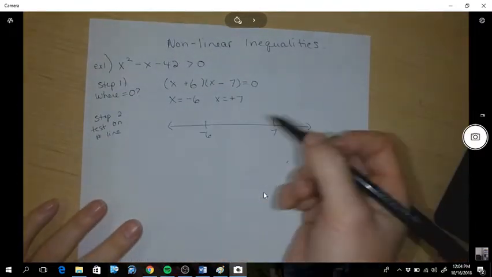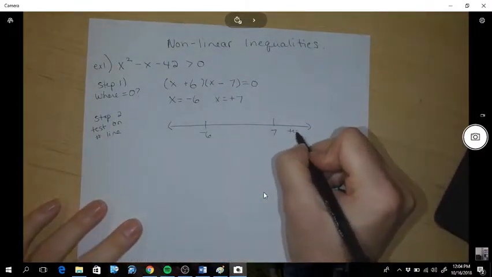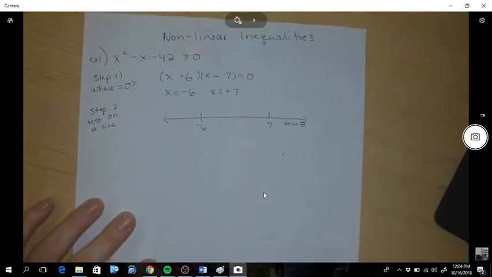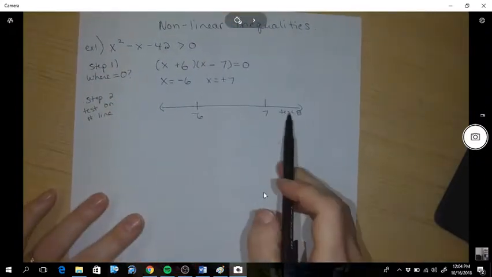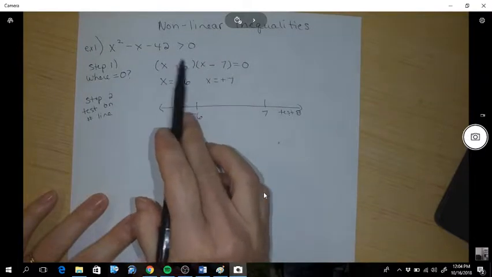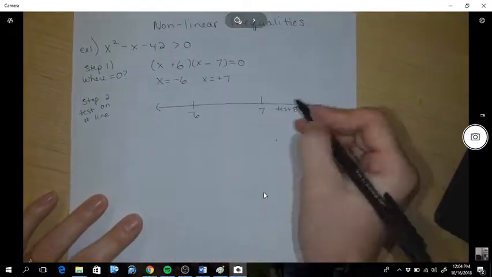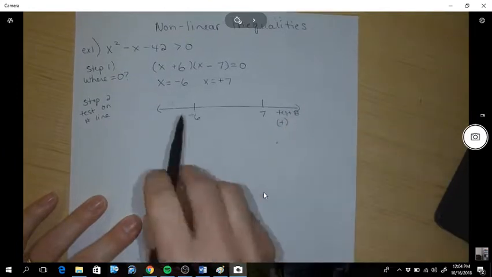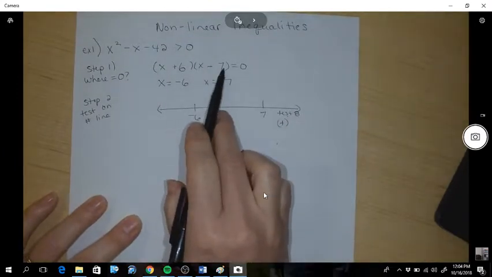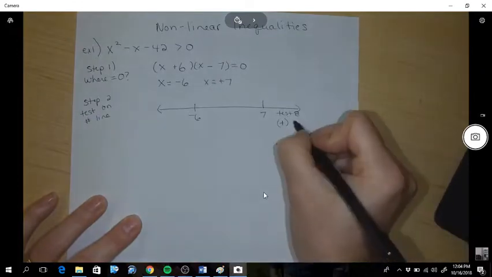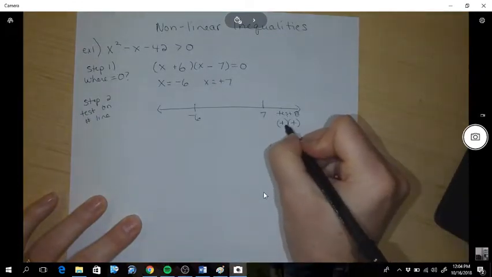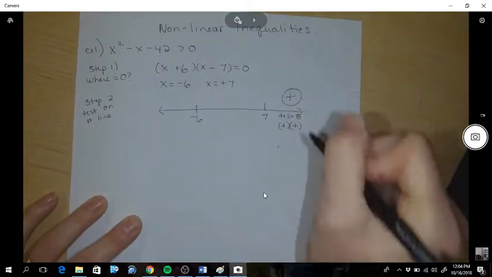Let's pick, I'm going to test an 8, because that's in that region. And here's what you do. You plug it into these brackets. So if you plug in 8 plus 6, that's positive. And 8 minus 7 is also positive. So a positive number times a positive number ends up being positive.